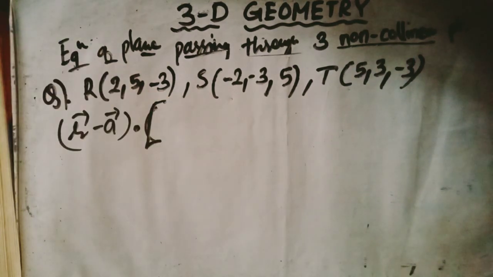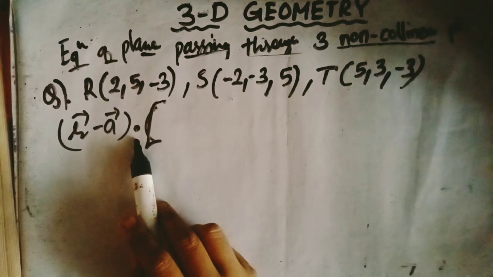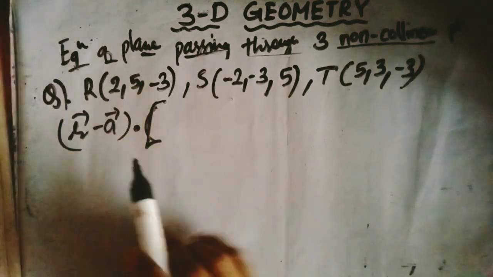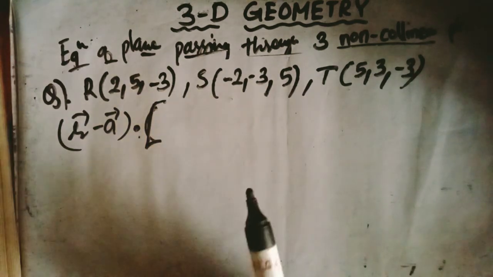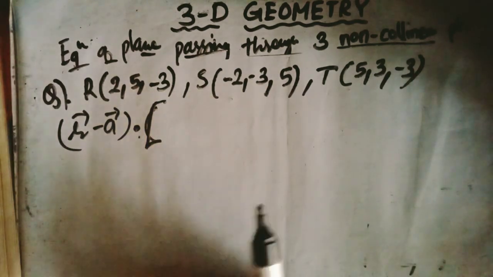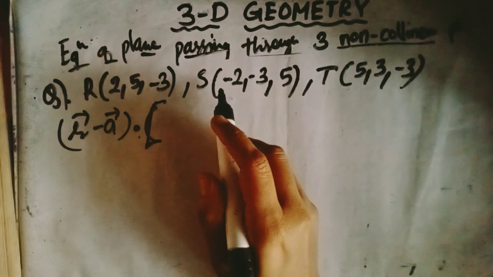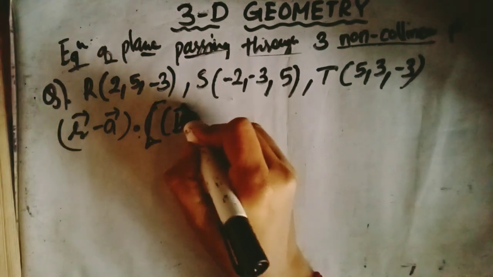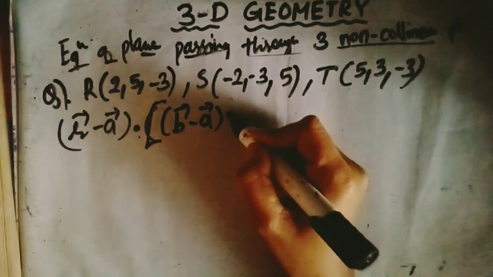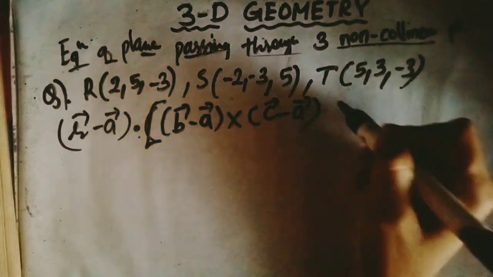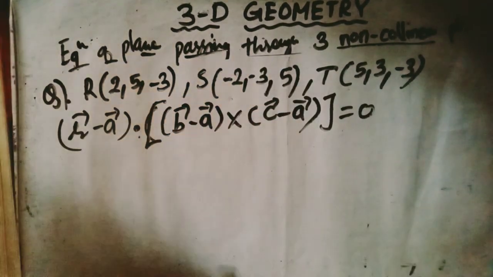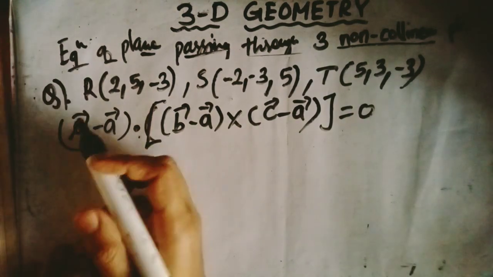In the formula I have given cross, I think it is not cross. Here you have to take dot, and inside the bracket you have to take cross. Please note that. So this is (r - a) dot [(b - a) cross (c - a)] equal to 0.